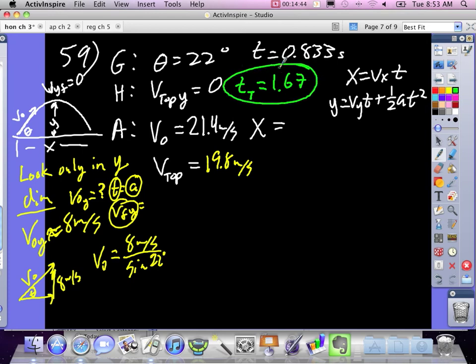Here's an interesting issue. For the total travel, what is the displacement of the ball vertically? Well, let me ask you this. Can you jump in the air?